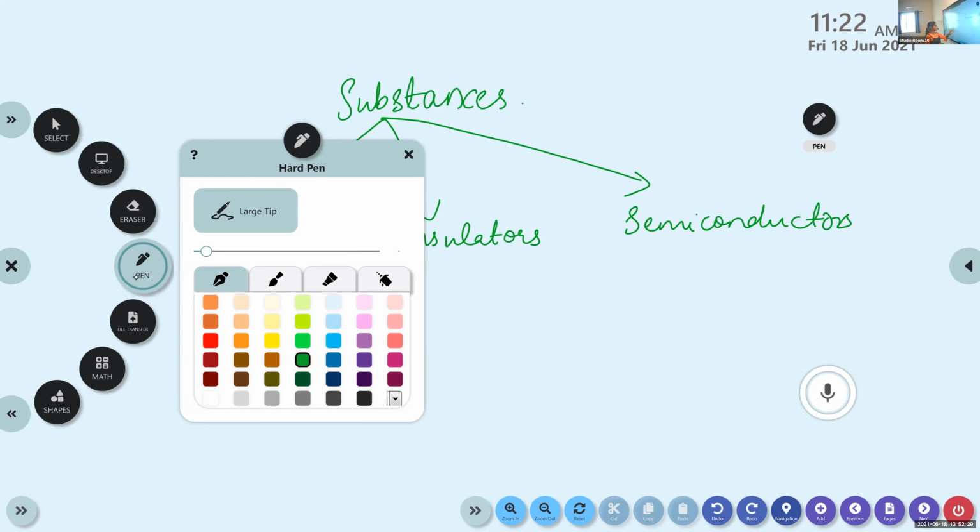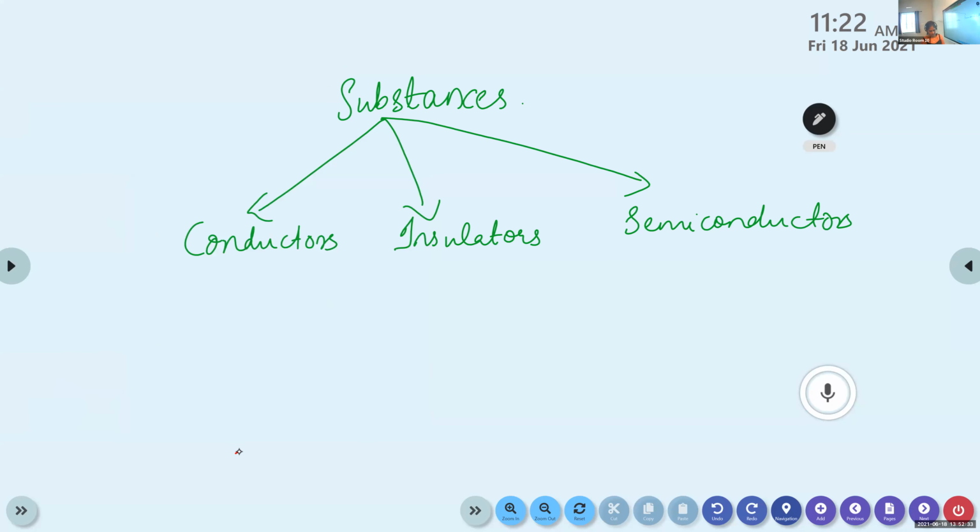Among these three, which has more conductivity? Conductors, right? We have learned about band theory. There are two types of bands, valence band and conduction band. In conductors, these two bands are near to each other, so electrons can jump from valence band to conduction band.